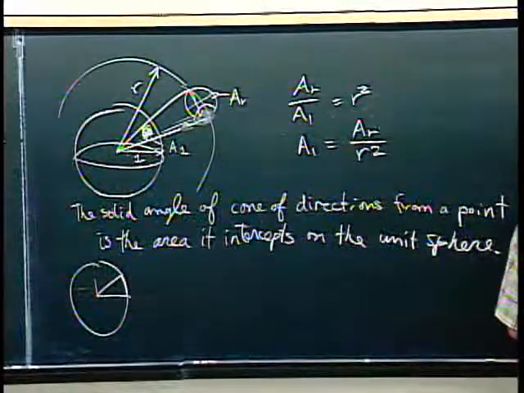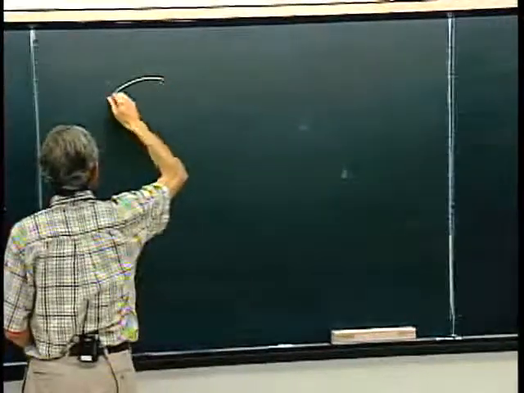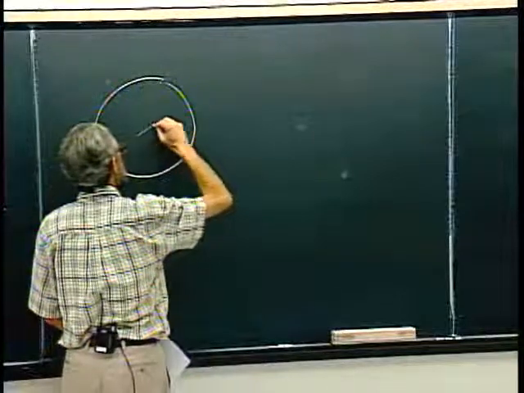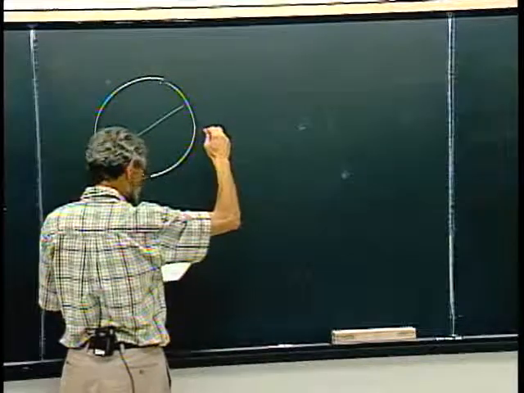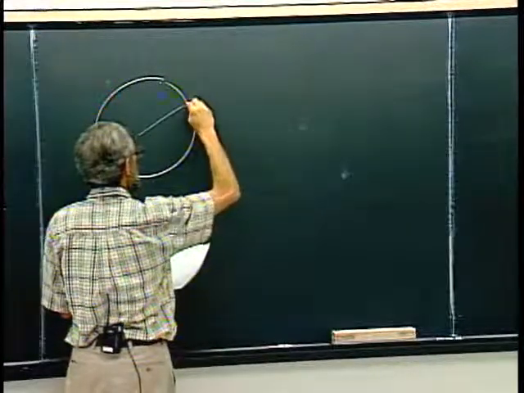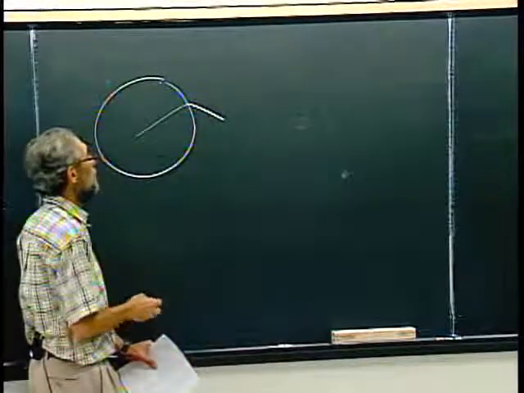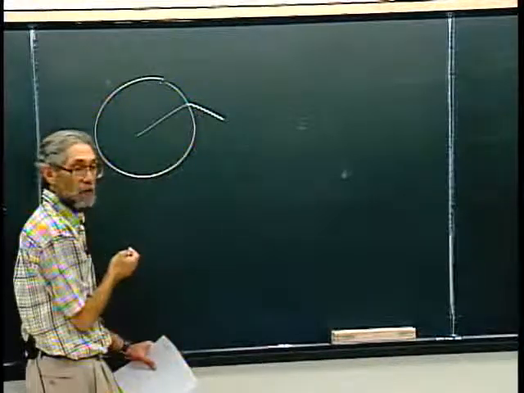Now, what happens if, here I'm just going to draw a 2D picture. And suppose I have, say, a distance to this vertex of a polygon or an area. But that area isn't squashed flat on the sphere.